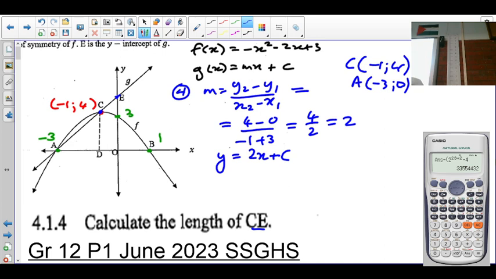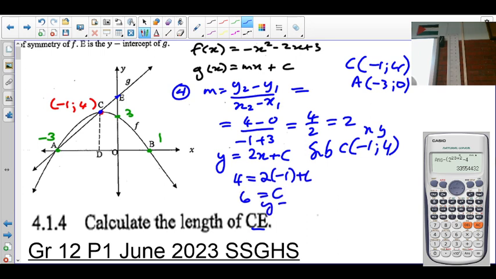Now to calculate c, I must substitute a point lying on this curve, which you see is negative 1 and 4. That's an x and a y. So 4 is equal to 2 times negative 1 plus c. c works out to be 6. So y is equal to 2x plus 6. So therefore the coordinates of E is going to be 0 and 6. Okay. So with that, I should be able to now calculate the length of CE. Therefore CE, I'm going to use the distance formula.